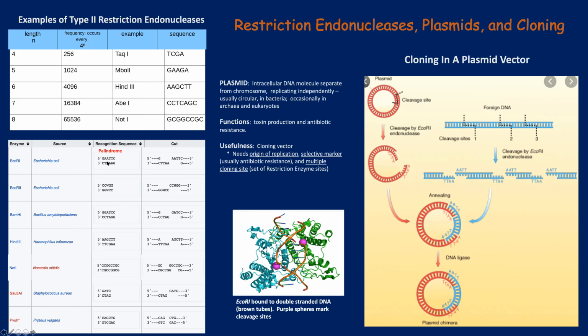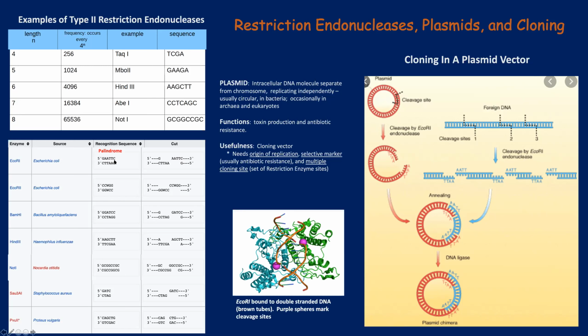Here you see its recognition site, GAATTC, on one strand. And on the other strand, it's just the opposite, GAATTC. That's called a palindrome. And all of the recognition sites for type 2 enzymes are palindromes.